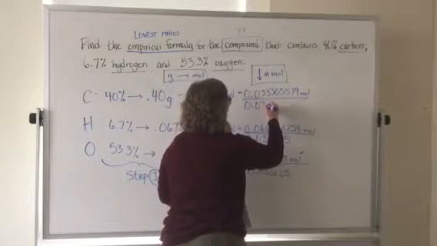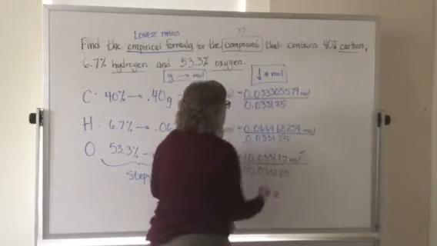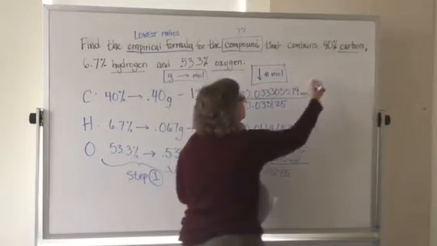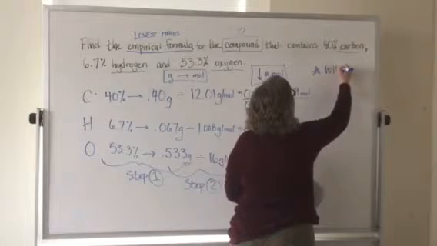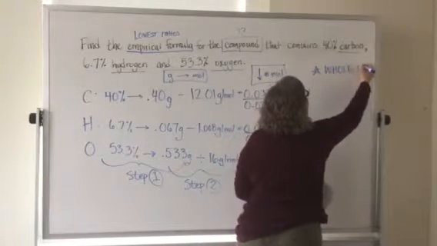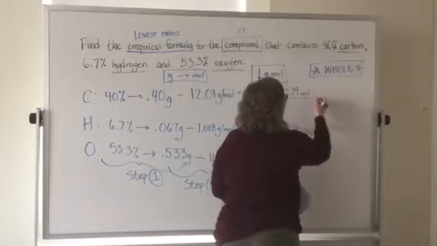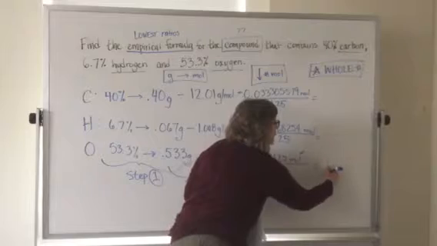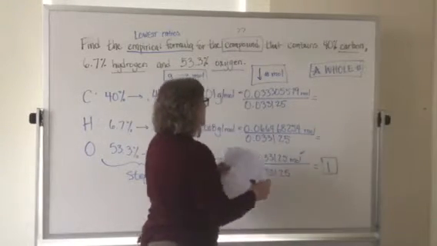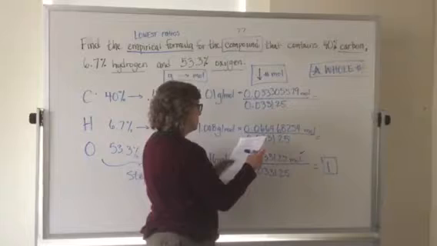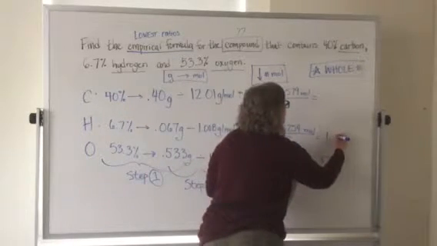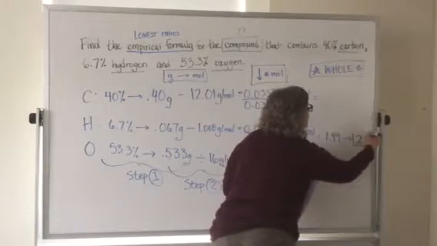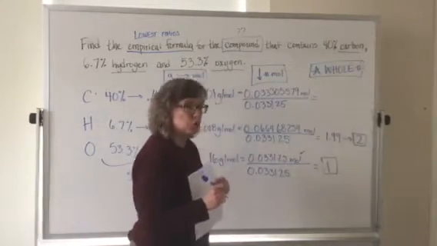Remember, our goal is to get a whole number. So this one's easy because this divided by the same thing equals 1. So that one's done. We divide this one by this one, and it ends up giving me 1.99, which is nice because I can easily, without having any conflict in my heart, round it to 2.